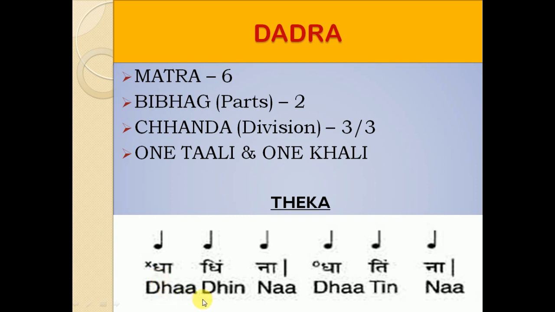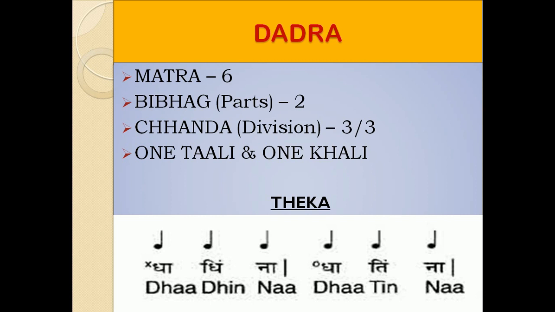But the next two bols, dhin and na, you do not find any cross symbol here. Do you find that? No, we do not find any cross symbol on, above, or below dhin and na. So we will not clap here. We will just use our fingers. And for this particular thing, you can watch the other tutorial which has been uploaded on the Turanatya Samiti Sangeetalaya YouTube channel, on how to use your fingers.